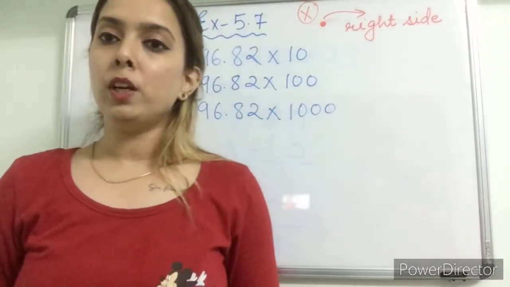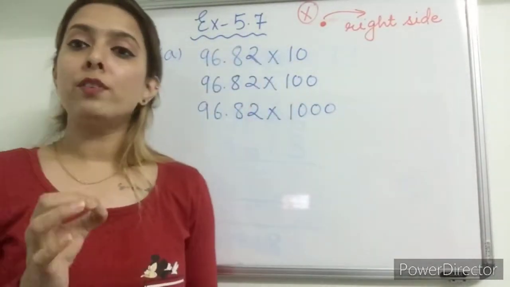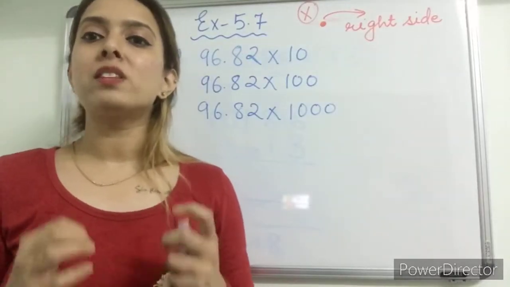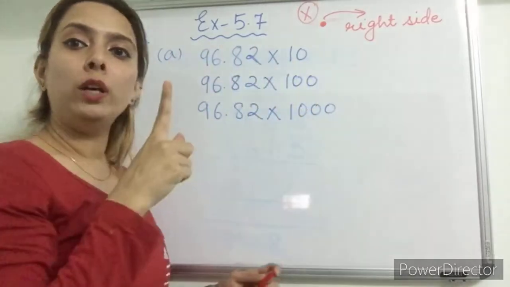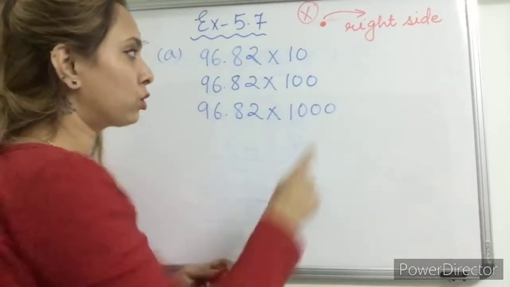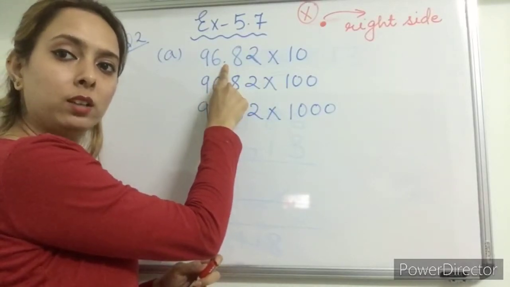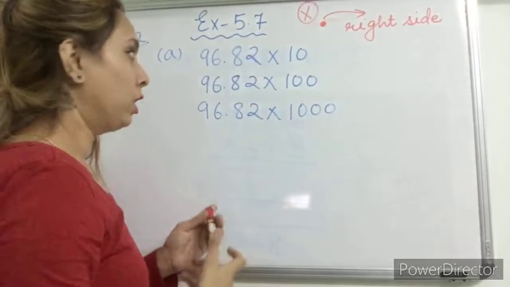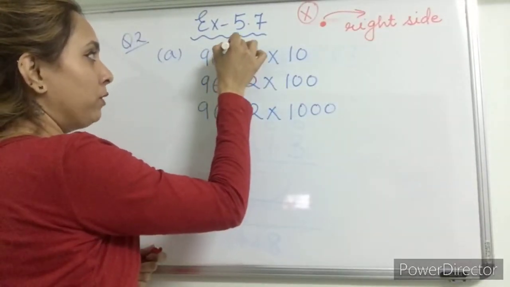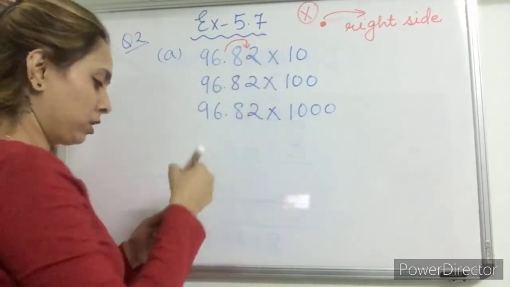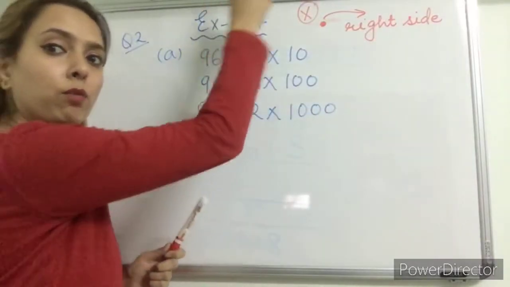The shifting of decimal depends upon the number of zeros. 10 has only 1 zero in it, so this decimal point will be shifted only after one digit. This decimal point is before this 8, so it will come after this 8. You can see it is shifting towards the right by only one number.